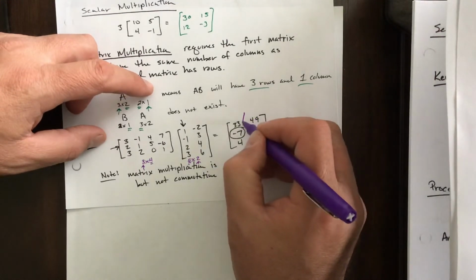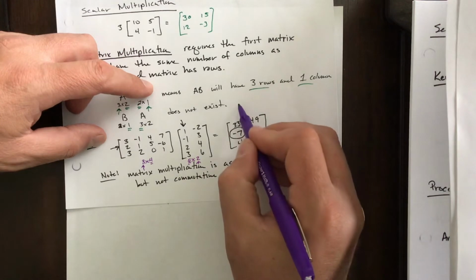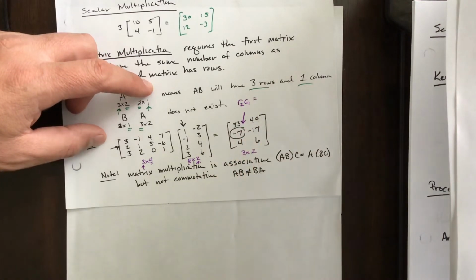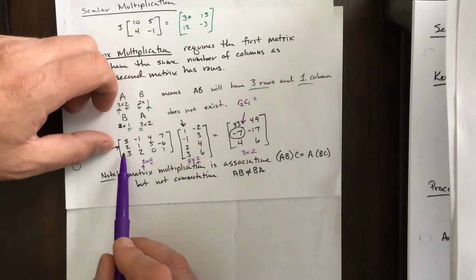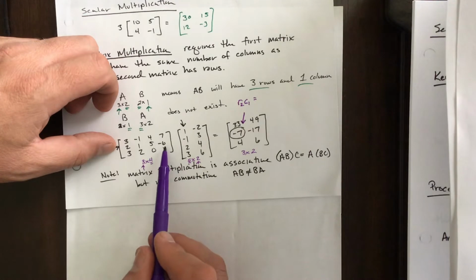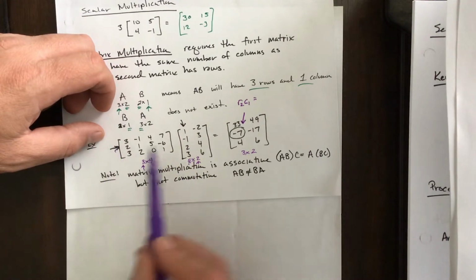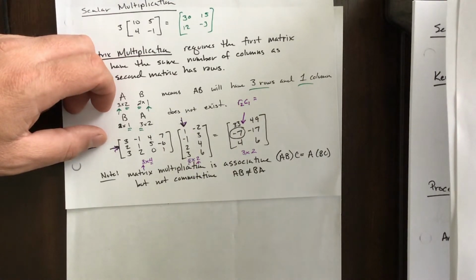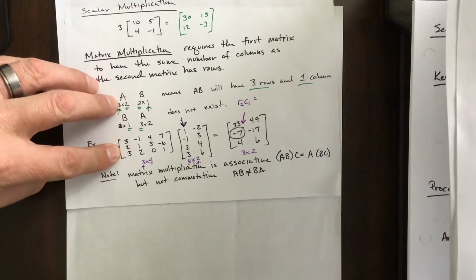This element right here, -7, is in row 2, column 1. To come up with -7, you look at row 2 of the first matrix and column 1 of the second matrix. I've highlighted each of the relevant pieces. So how do you come up with -7?